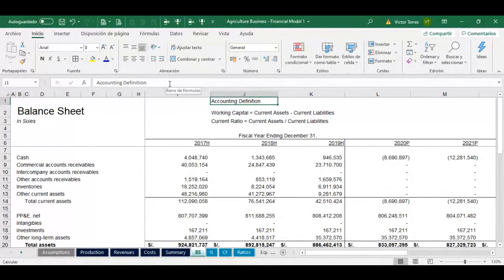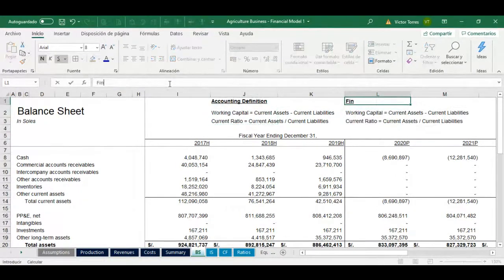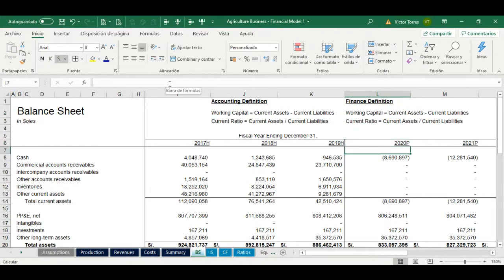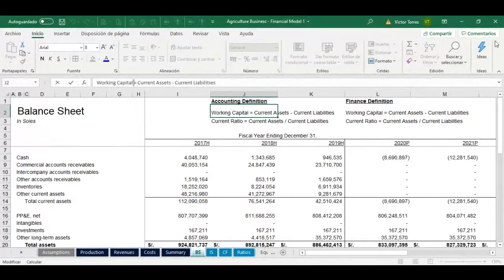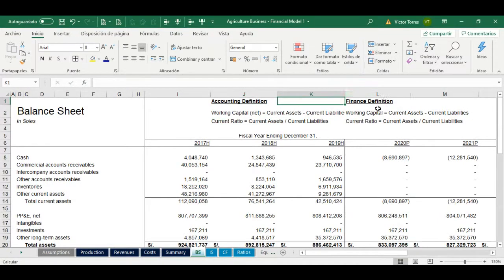That's it. What happens when you work with finance, and we're going to be talking about working capital, is that you do not take into consideration the cash. Why? Because when we analyze free cash flow to come up with the cash, it incorporates the net working capital as part of the typical estimation. This is called working capital, or sometimes net working capital, better said, because you are netting assets and liabilities.